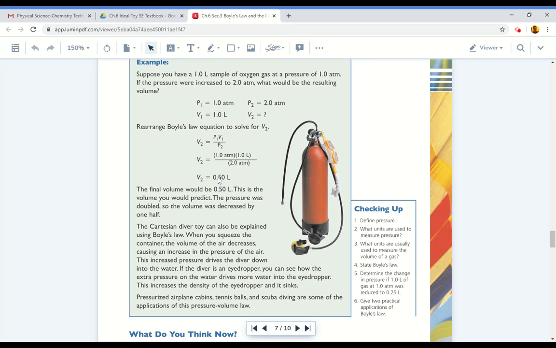Volume 2 is a half liter. The final volume would be a half liter. This is the volume you would predict. The pressure was doubled, so the volume was decreased by 1/2.